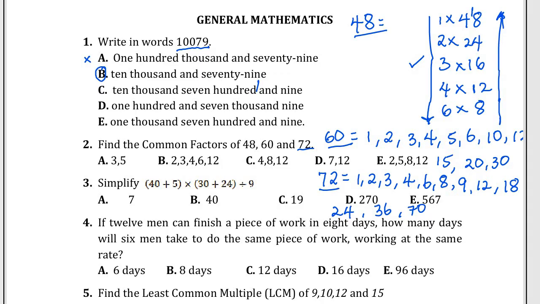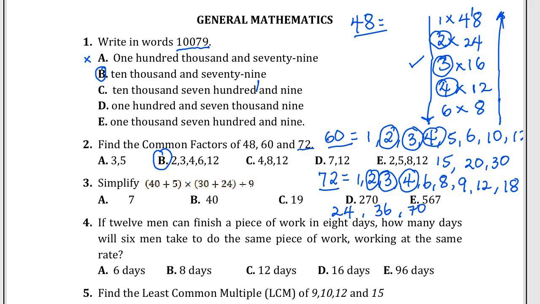Alright, so once you get the factors of 48, 60, and 72, the instruction says find the common factors. Common here, we are looking for factors that they have in common. So the right option should be B. Because 48 has 2, 60 has 2, 72 has 2. 48 has 3, 60 has 3, 72 has 3. 48 has 4, 60 has 4, 72 has 4.